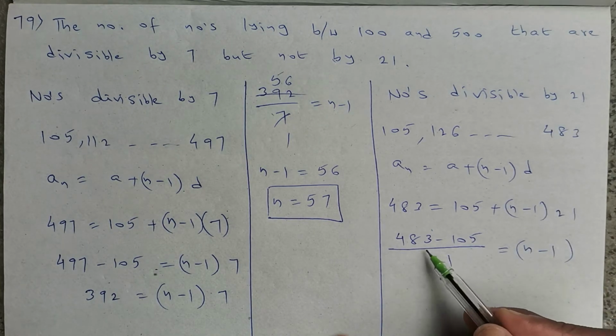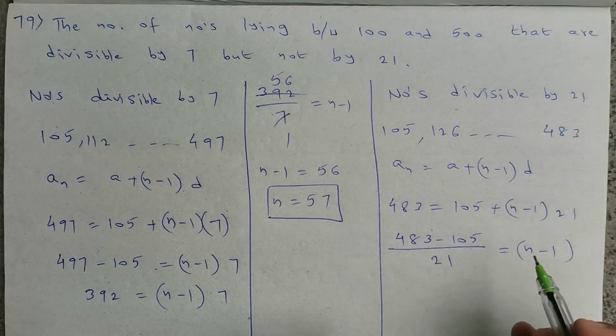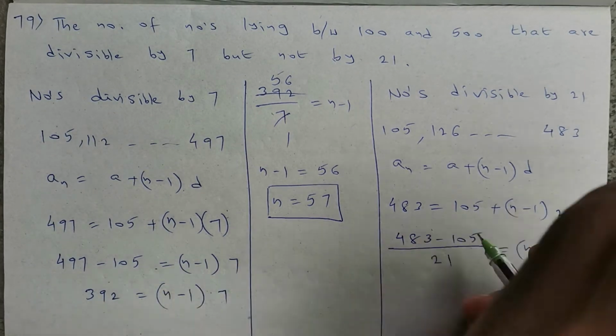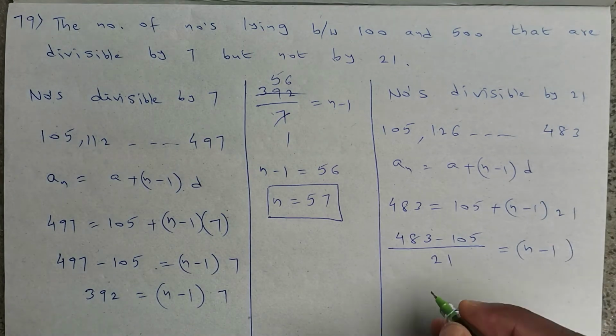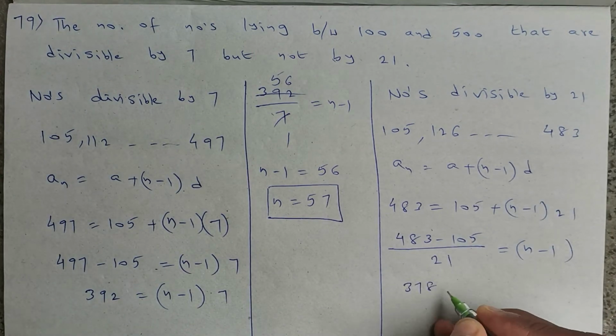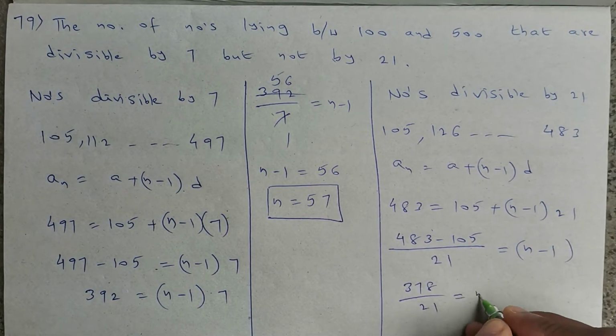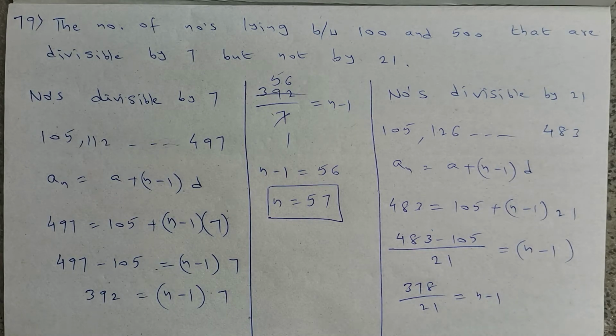Here 483 minus 105 is 378. So 378 divided by 21 equals n minus 1.